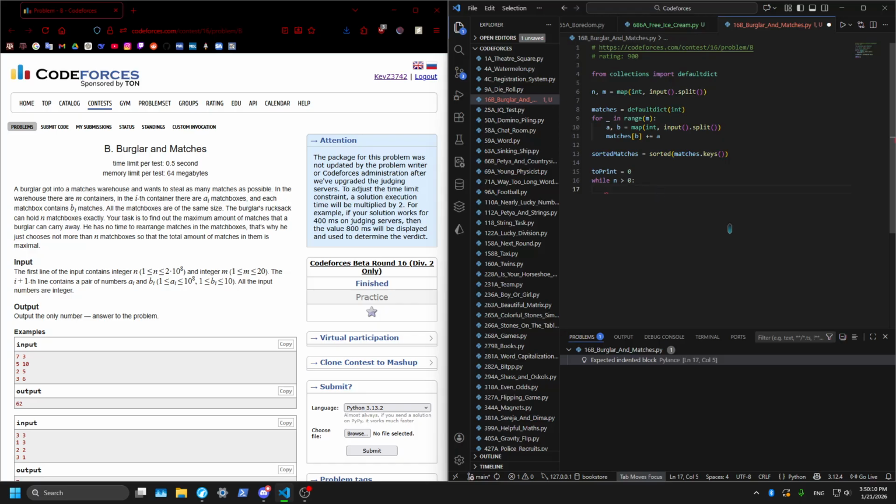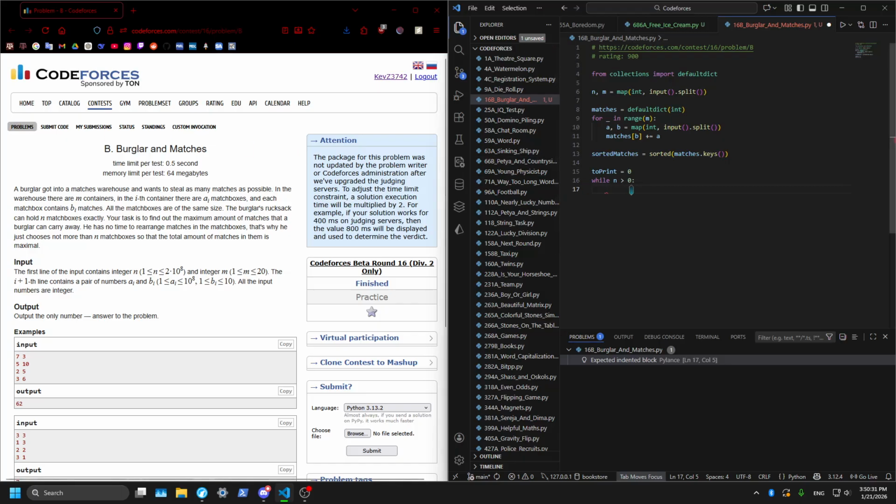Oh, that's strange. Yeah, I don't know. It shouldn't be doing that. Maybe I'll reset VS Code after this problem.